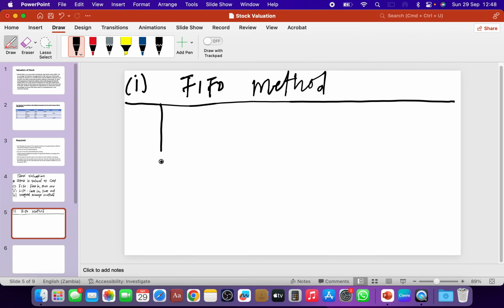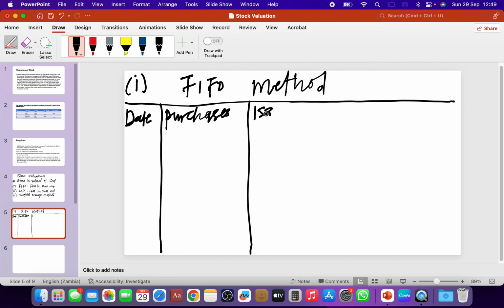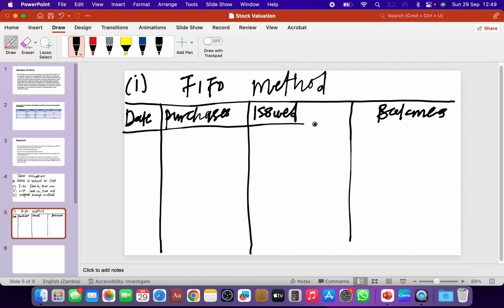We'll have a column for date, and then a column for purchases, a column for issued, and a column for balances. Under the purchases column, we have a column for quantity and a column for price. Also under issued, you have a column for quantity and a column for price.